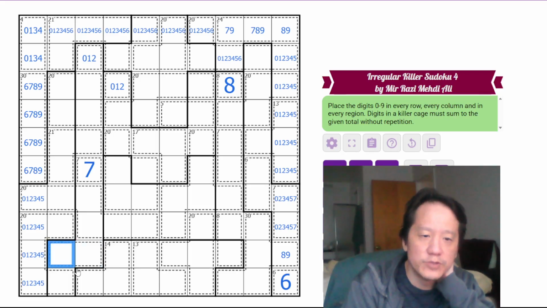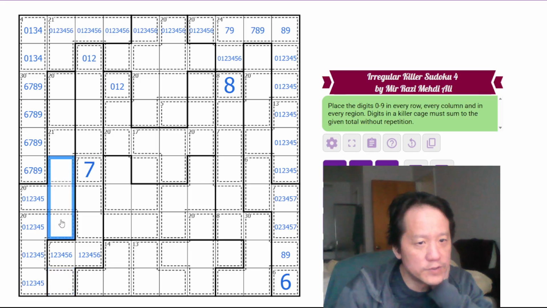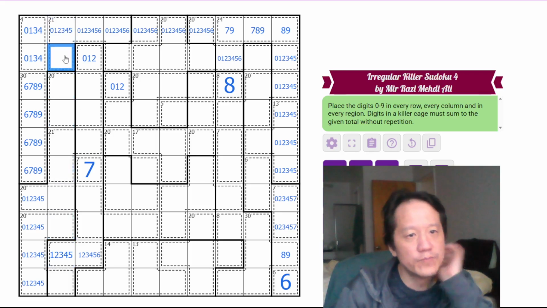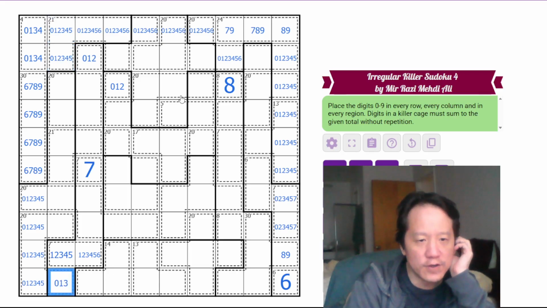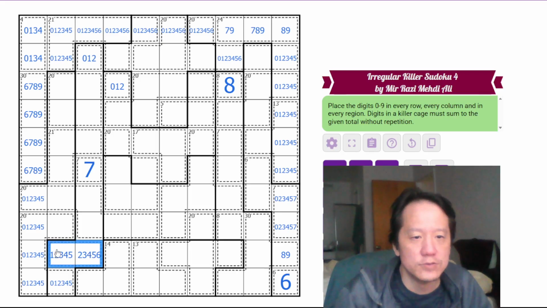This again cannot be 0 and 7 here, so it's 1, 6. 1, 6, 2, 5, or 3, 4, adding up to 7. 6, 7, 8, 9 has to be here, which means 6, 7, 8, 9 cannot be in the remaining digits in column 2. So this is 0 through 5 also. This is 0 through 5. This can't be 1 because that must have a 6 there to add up to 7.